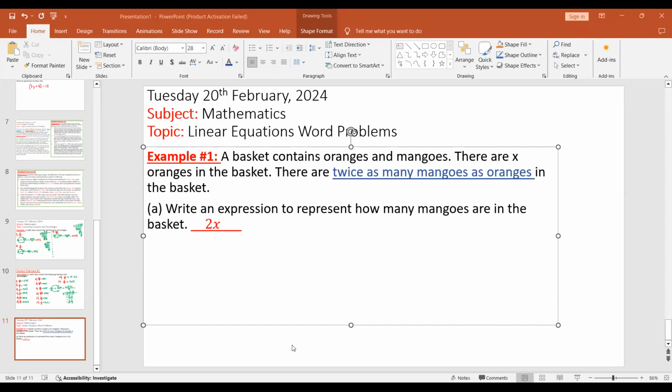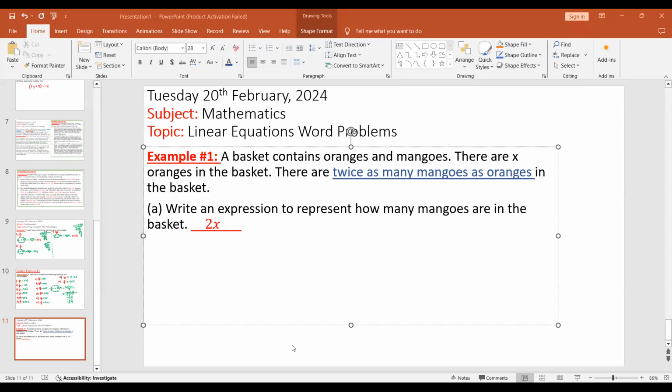Anyone else want to volunteer? The question is a basket contains oranges and mangoes, and there are X oranges in the basket. There are twice as many mangoes as oranges in the basket.